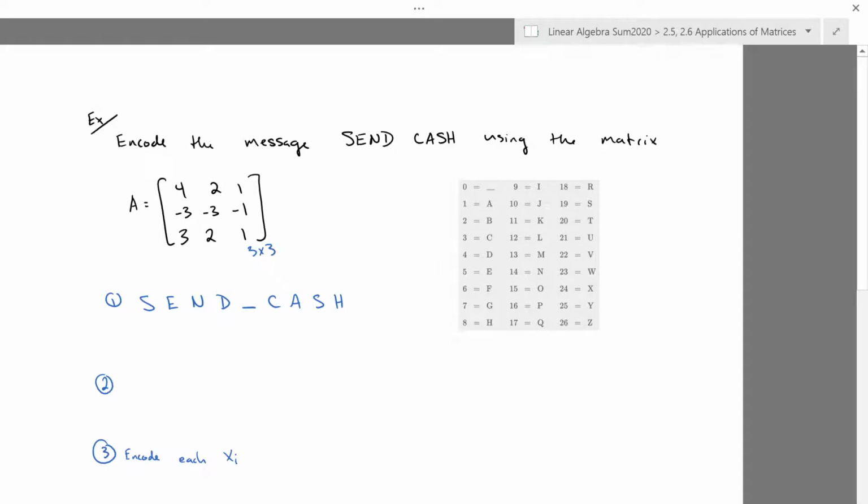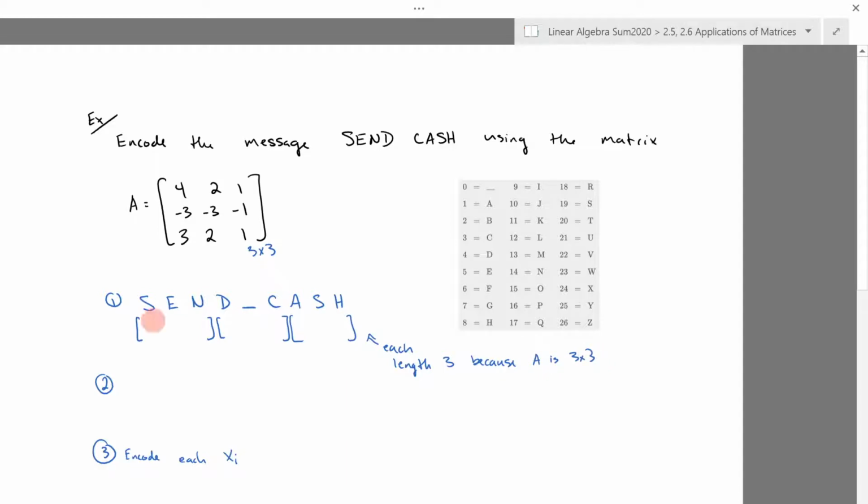The first step is to partition our message. Because A is 3x3, we want row vectors that are length 3, so 3 letters at a time.